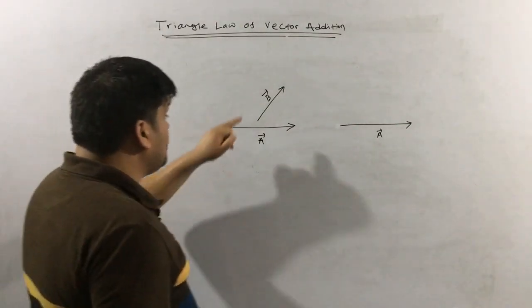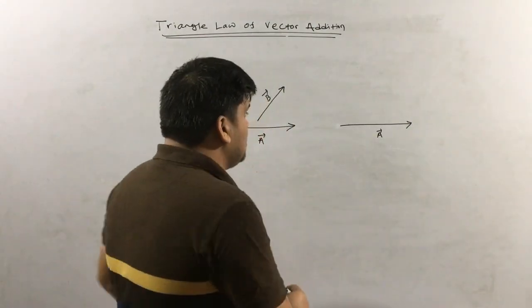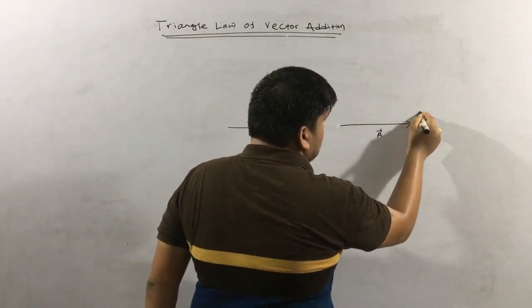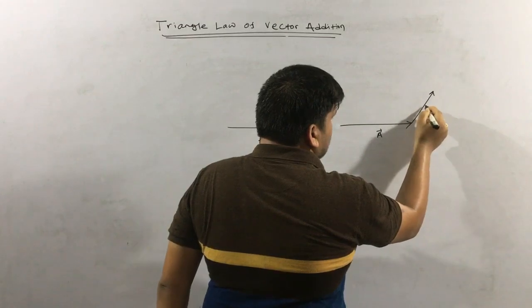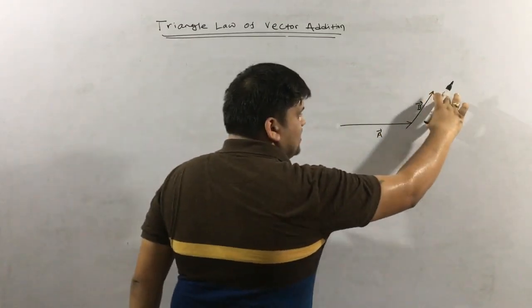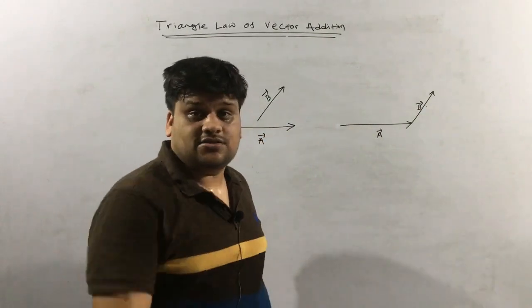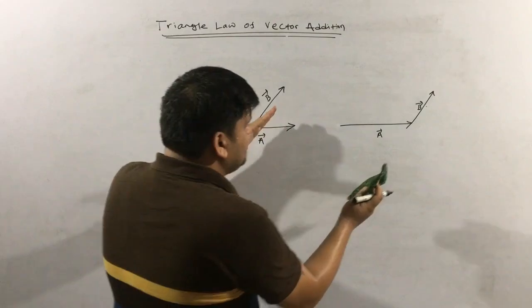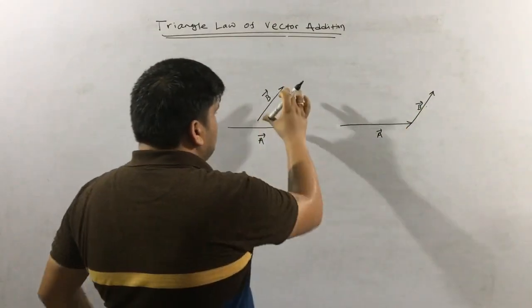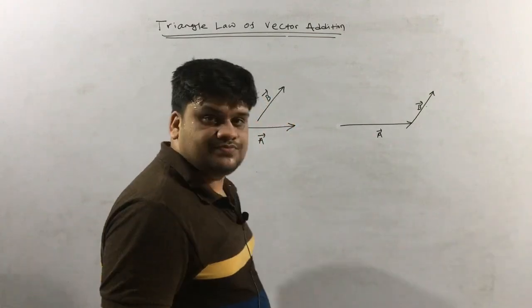Now, I have to draw B vector here at this point. How to draw B vector? If I am telling that I have to draw B vector, then it is a must that this vector and this vector have the same magnitude and the same direction. Same direction means they must be parallel to each other, and same magnitude means this length and this length must be the same.